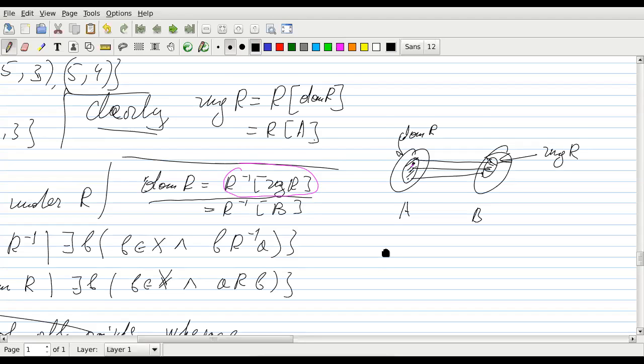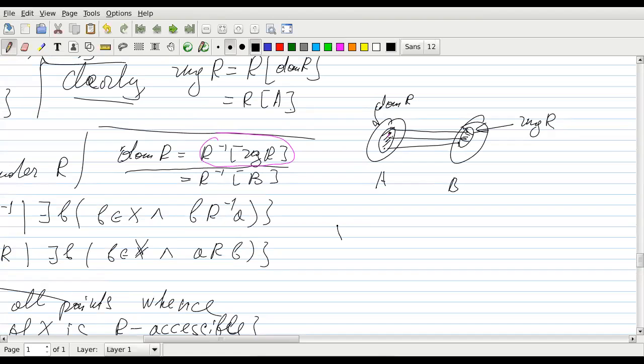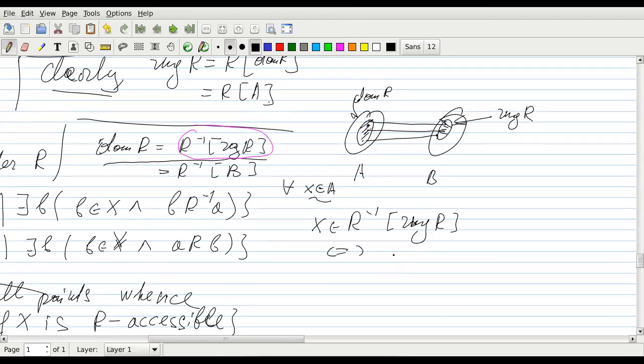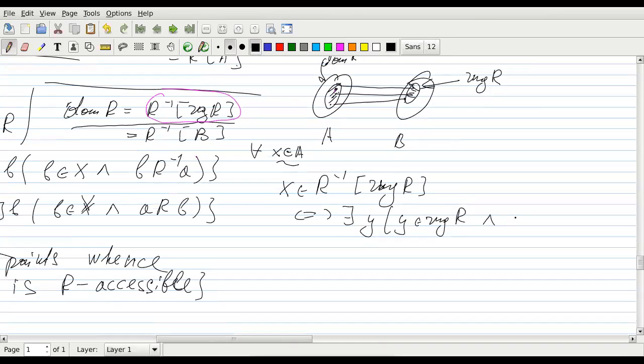Довольно несложно: когда у нас точка попадает вот сюда, тогда и только тогда, когда — давайте ограничимся, что мы в A находимся для любого x из A — существует такой y, который попадает в range, и из этого y есть r-1 стрелка в x. Правильно?